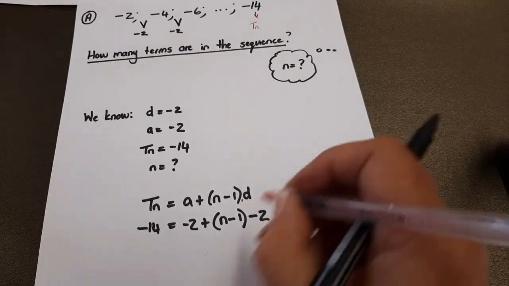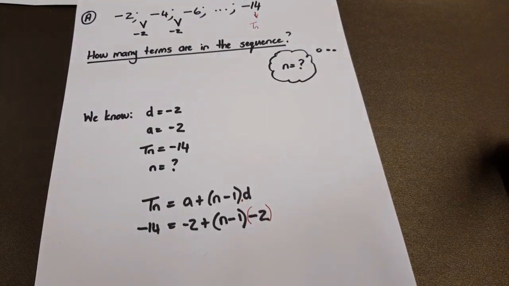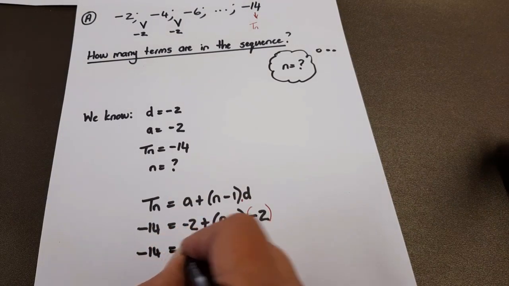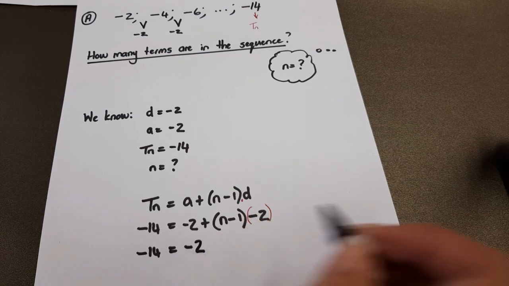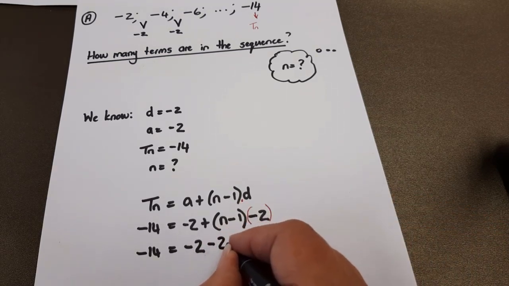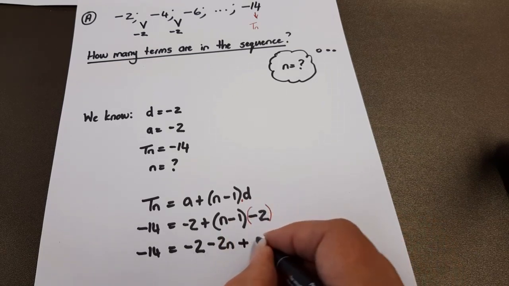So remember, if d is a negative value, you must put it in brackets. Now we quickly work out the bracket. Minus 2 times n gives me minus 2n. Minus 2 times minus 1 is plus 2.